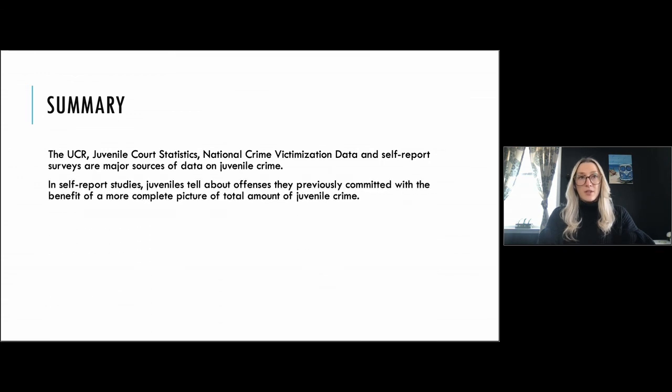In self-report studies, juveniles will tell about the offenses that they've previously committed, and the benefit to this is a more complete picture of the total amount of juvenile crime. Because again, we know that the majority of juvenile crime does not come to the attention of law enforcement. Self-report studies are limited in validity and reliability, although they're a little stronger in reliability.